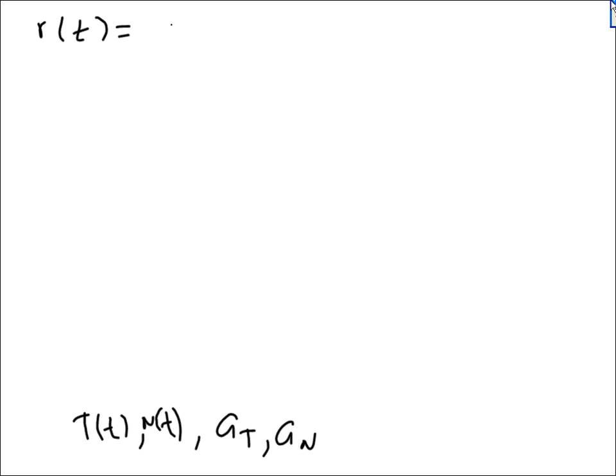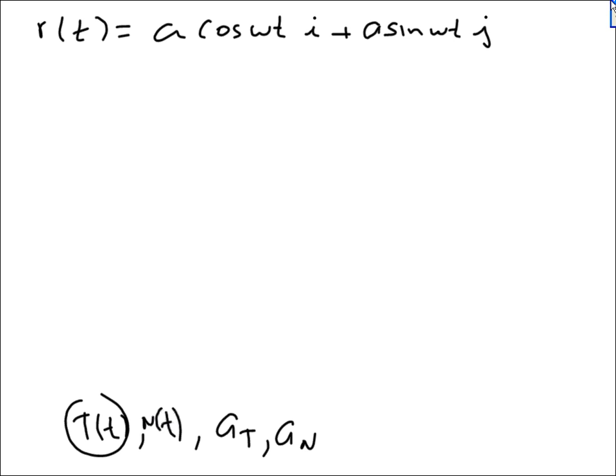R of t is equal to a times the cosine of omega t, i, plus a times the sine of omega t, j. Suppose you're given that. And first we'll find T of t. We'll build up to that.